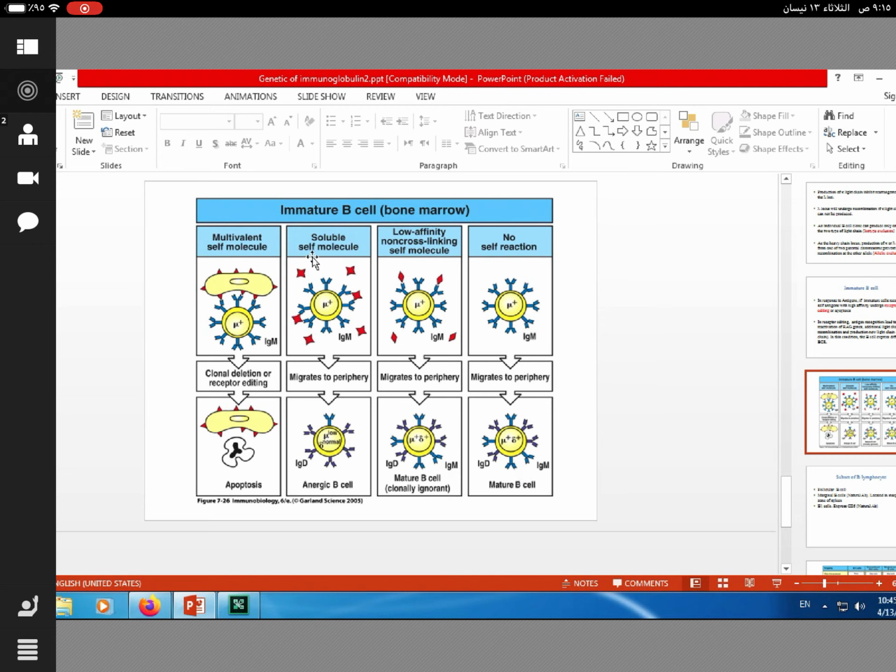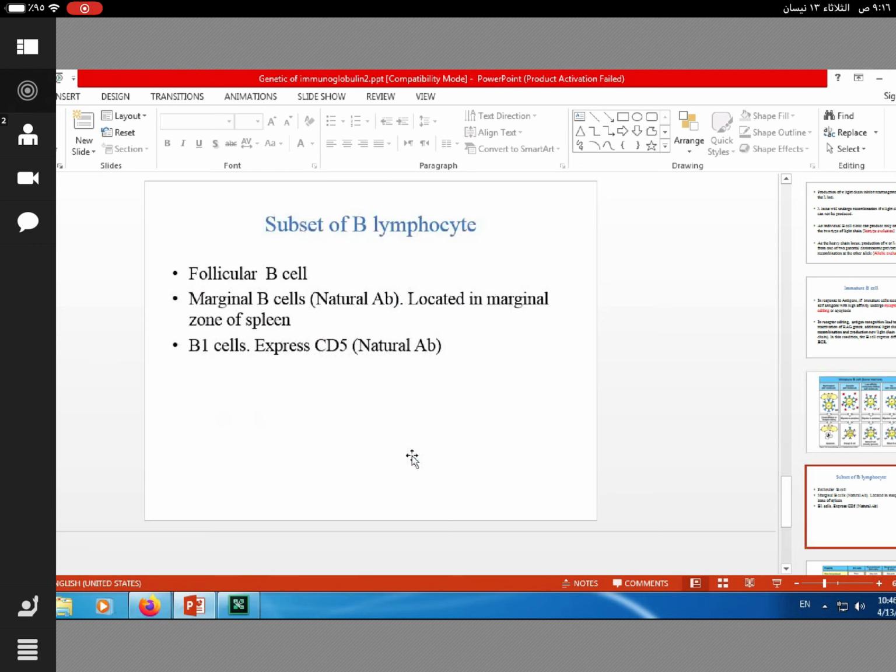If a soluble self-molecule links to the receptor, cells are converted to anergic B cells. And if a low affinity non-cross-linking self-molecule binds, the cell is converted to a mature B cell, a clonally ignorant cell.